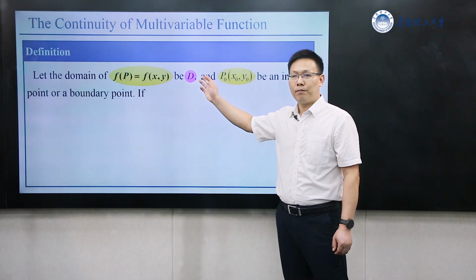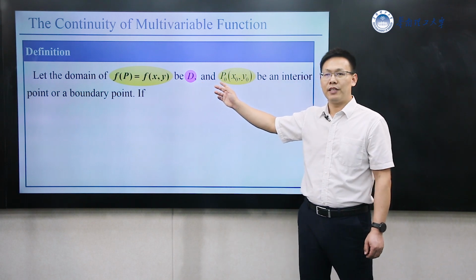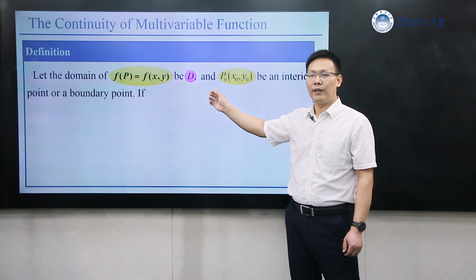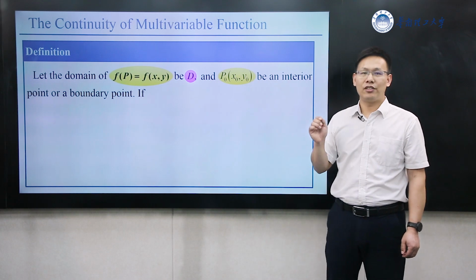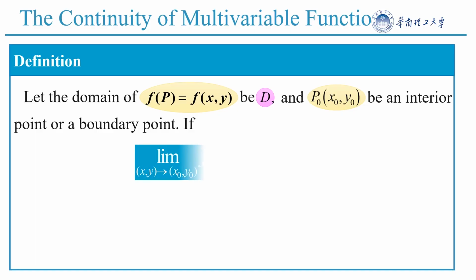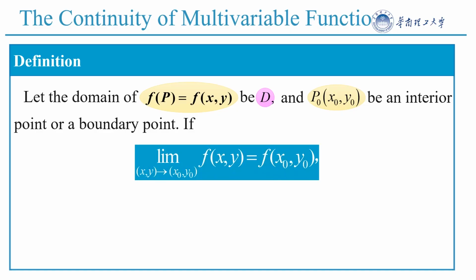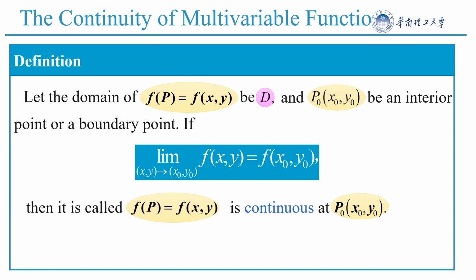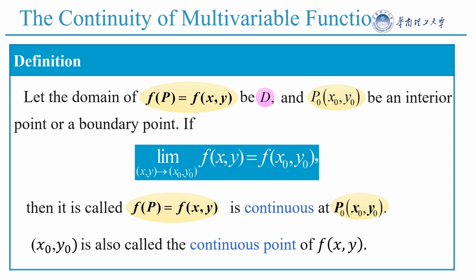Let D be the domain of f, and P0 (x0, y0) be an interior or boundary point. If the following expression holds, then f is called continuous at P0, and (x0, y0) is also called a continuous point of f(x,y).